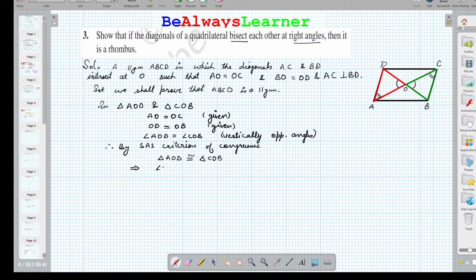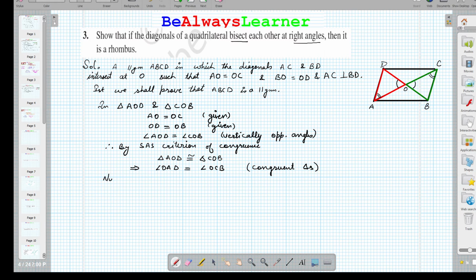So we can write angle OAD is equal to angle OCB, equation 1. That is through the congruent triangles, because we proved the SAS criteria, so parts of congruent triangles are equal.